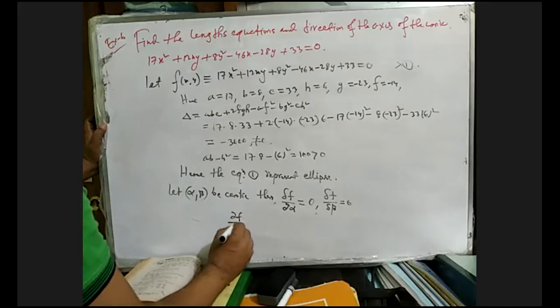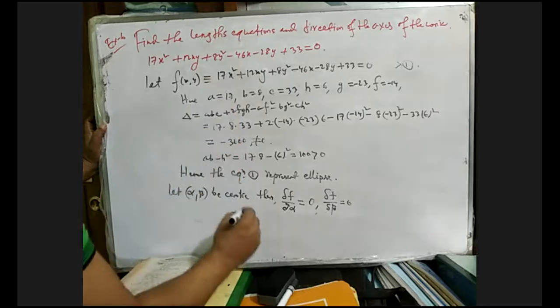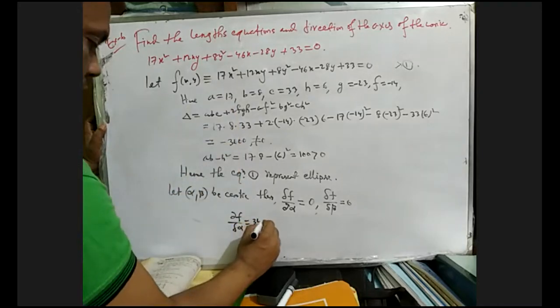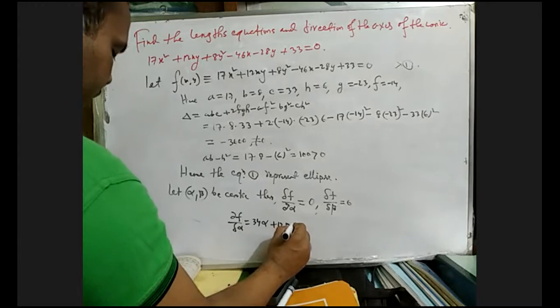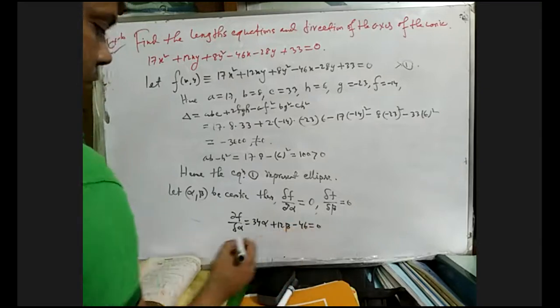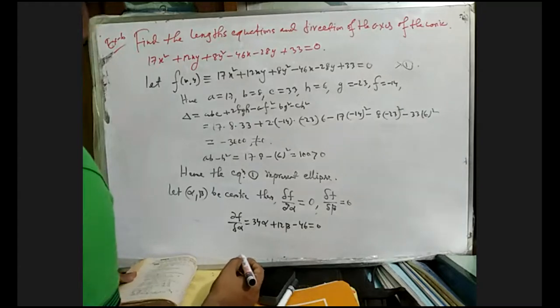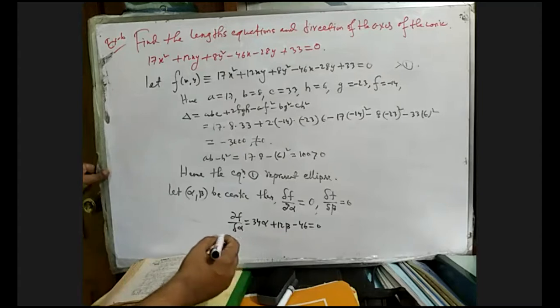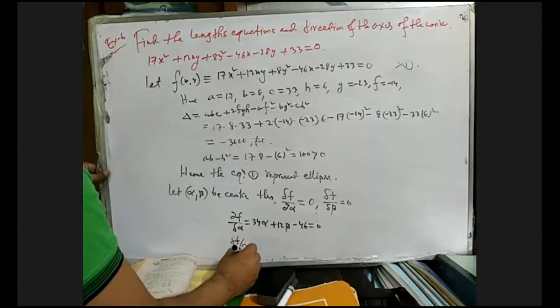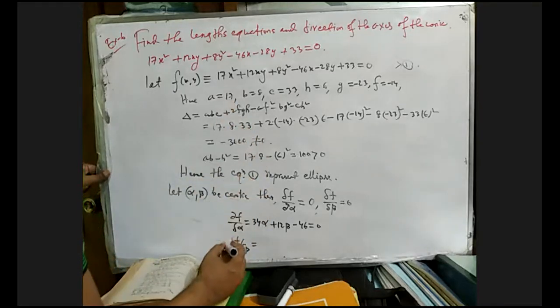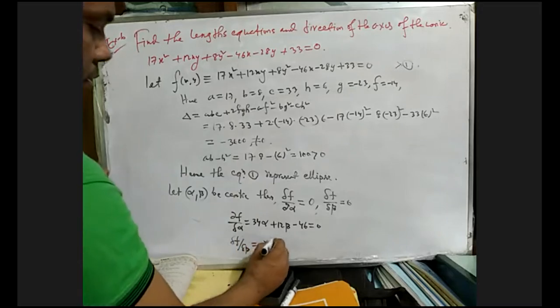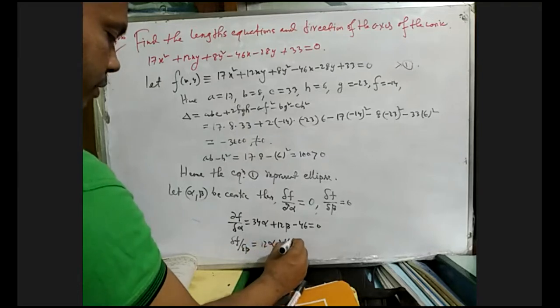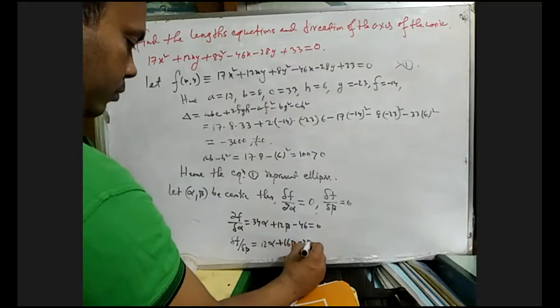So del f by del alpha equals 34 alpha plus 12 beta minus 46, and del f by del beta, with respect to beta, will be plus 12 alpha plus 16 beta minus 28 equals 0.